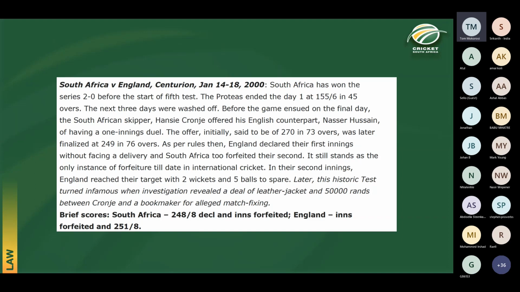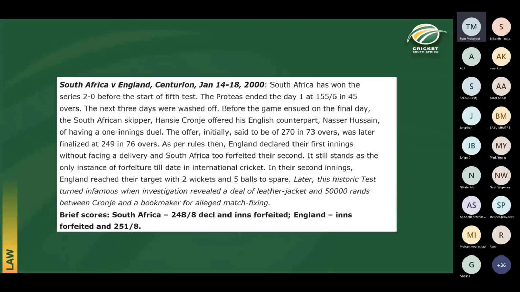And while all of that rain was happening, the two captains were in discussion about making a game of it by only having one batting innings each. And eventually what they ended up doing is South Africa batted on day 5 until they were 248 for 8.